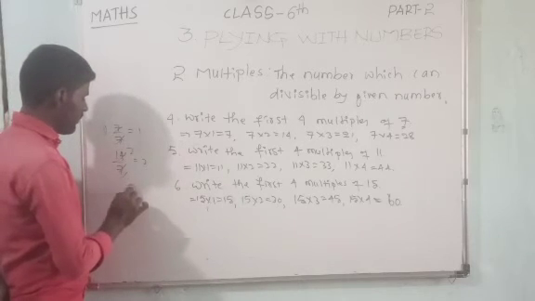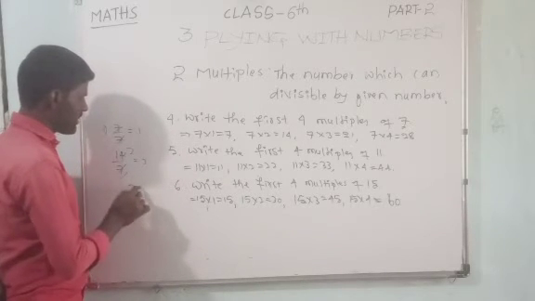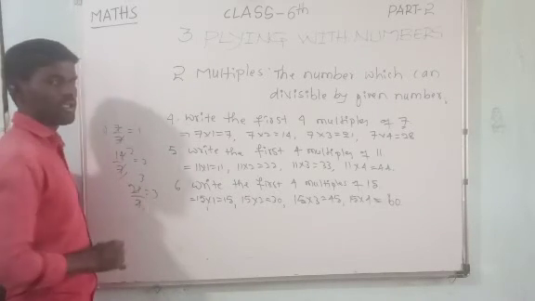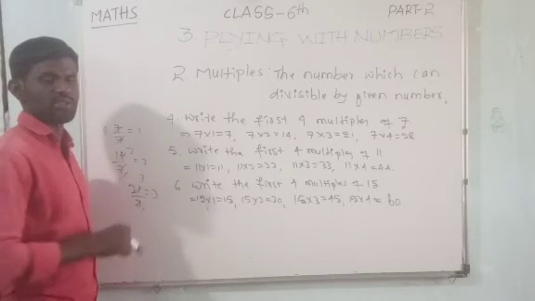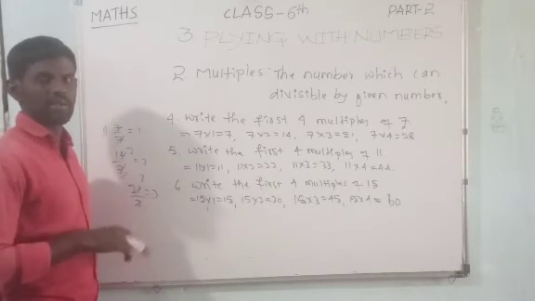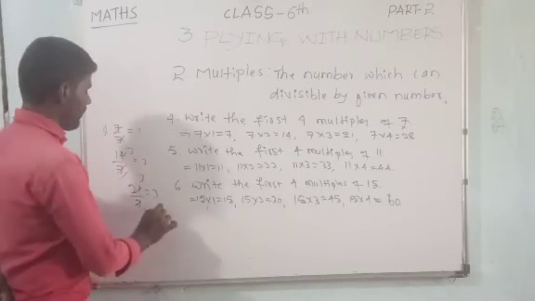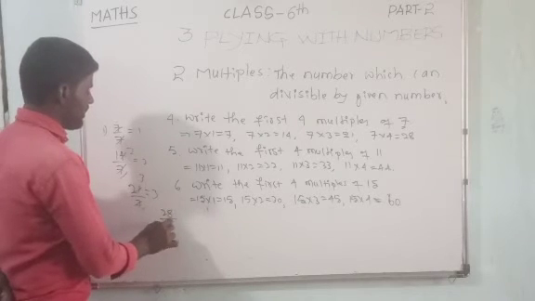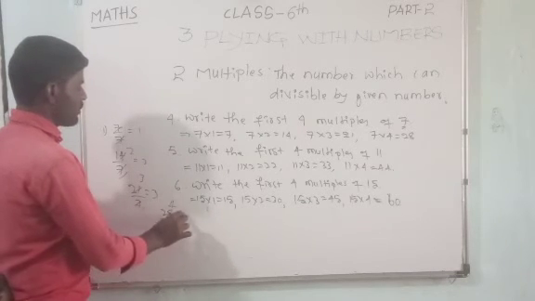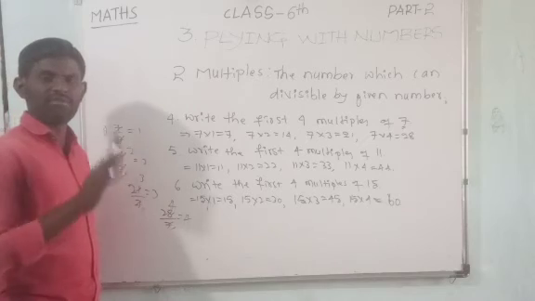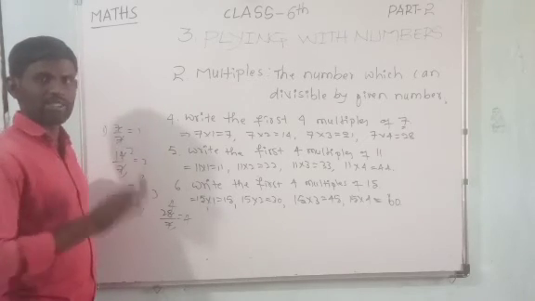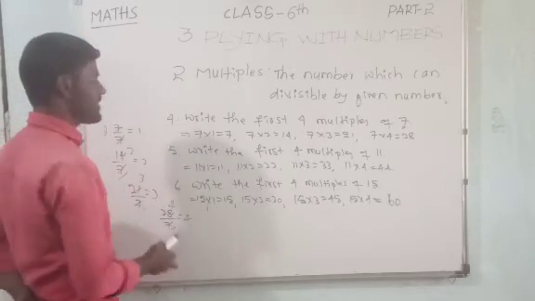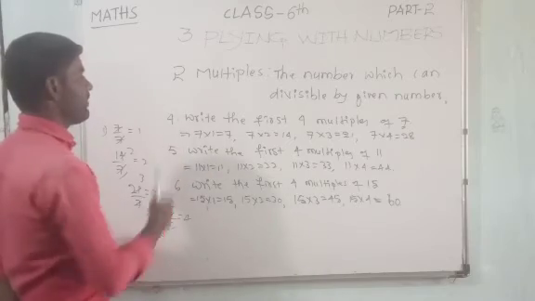Then 21 by 7: 7 ones are 7, 7 threes are 21. Quotient 3, remainder 0. 21 is also completely divisible by 7. Then 28 divided by 7: 7 fours are 28. Quotient is 4, so it is also completely divisible by 7. This 28 is also a multiple of 7.